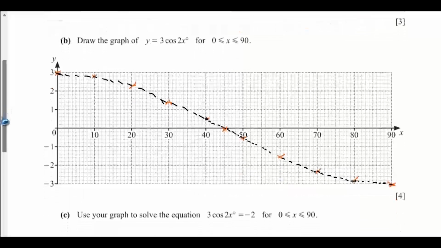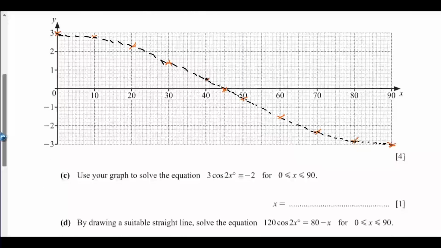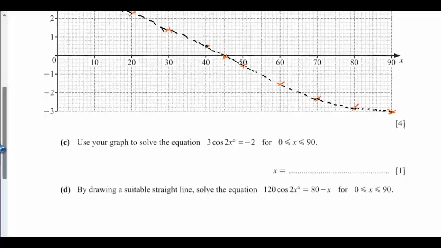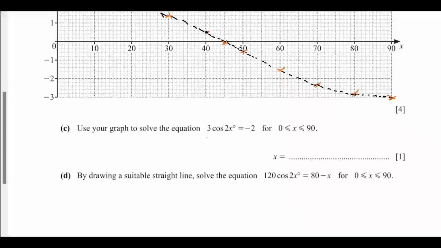Use your graph to solve the equation 3 cos 2x equals minus 2. So we know that this is equal to y. That means we need to draw the line y equals minus 2. That is where the solution lies.